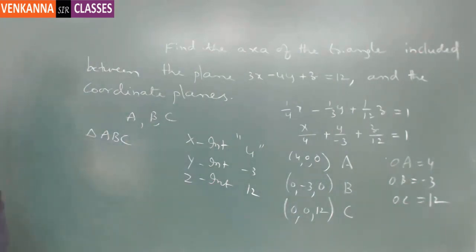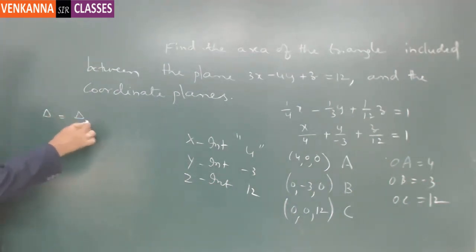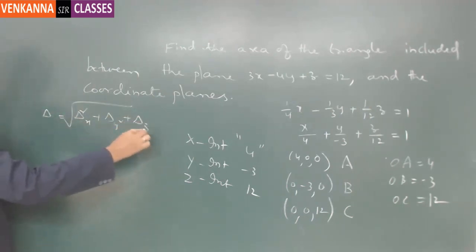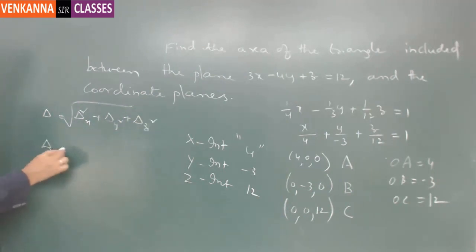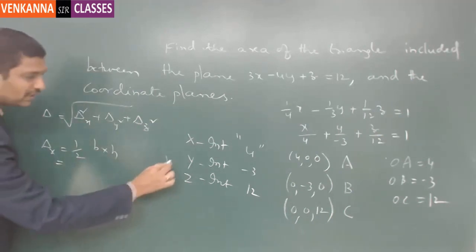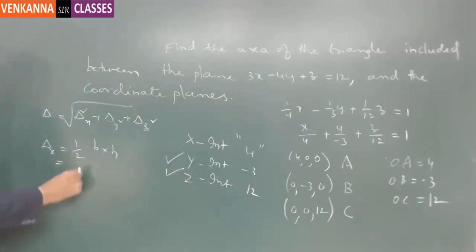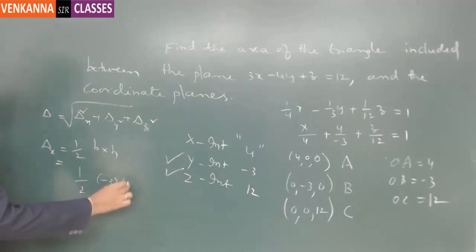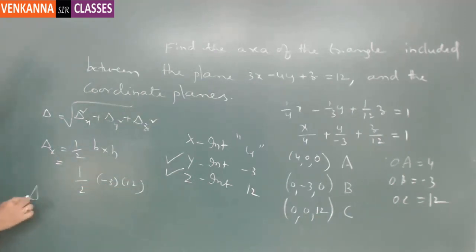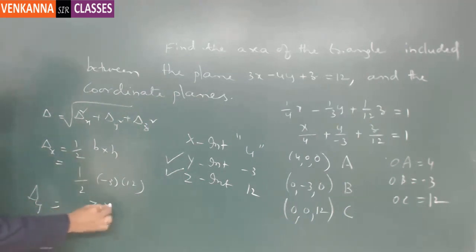So, as usual, the area of the triangle is delta is equal to square root of delta x square plus delta y square plus delta z square. So, if we calculate delta x, half into base into height. For x, we should take the yz plane. So half into minus 3 into 12. For delta y, we take the zx plane. So half into z means 12, x means 4.